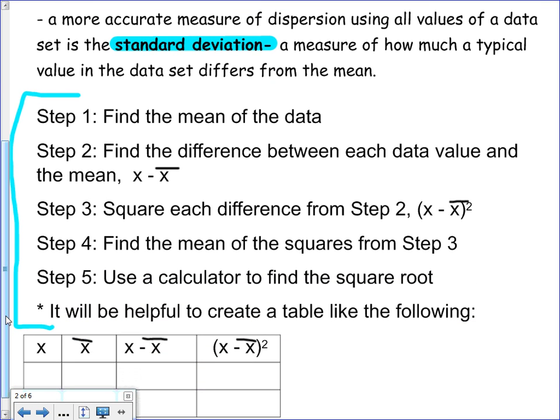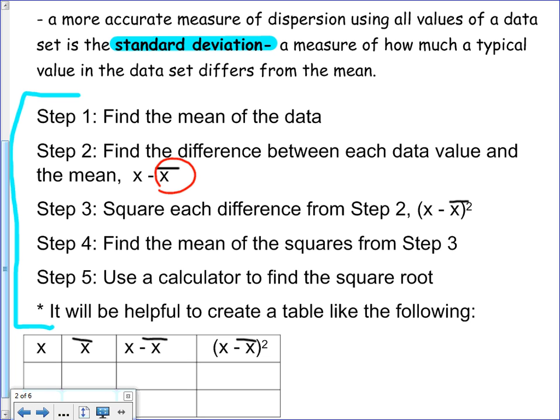The first step is to find the mean of the data. If you recall from yesterday's lesson, that is just adding up all of the values in the data set and then dividing by the total number of values. That will give you the mean. Step 2 is to find the difference between each data value and the mean.